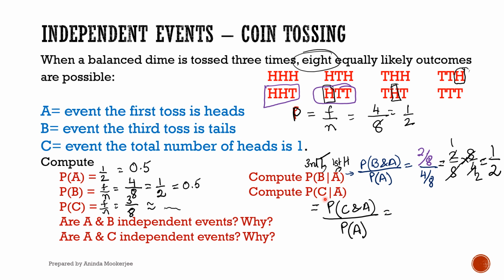All right, so first we have to calculate the numerator, C and A. That means the probability of having the first toss as heads and the total number of heads as 1.